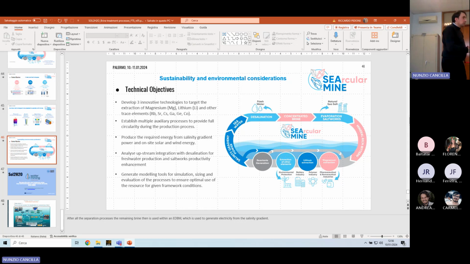So it's quite interesting, in principle, looking at brine coming from desalination, because it offers a very wide variety of compounds. I would say almost all the periodic table is there. The problem is the concentration at which each of the elements is present, which is very, very challenging.